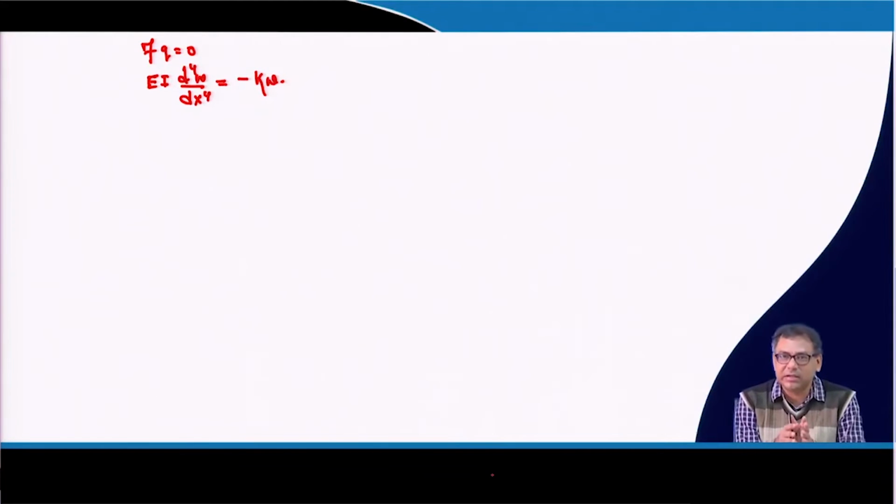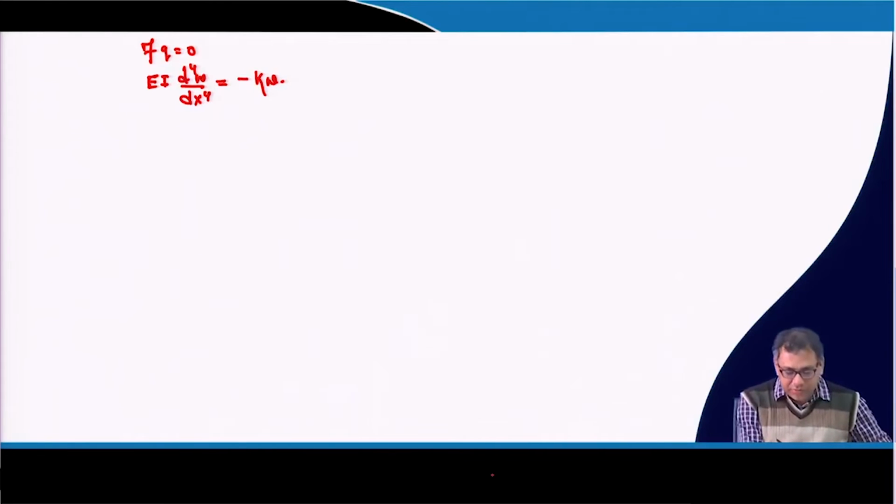This derivation is available in any book, or you can also do it yourself, because you have to consider w equal to e to the power mx. Then you will get the solution of this equation.